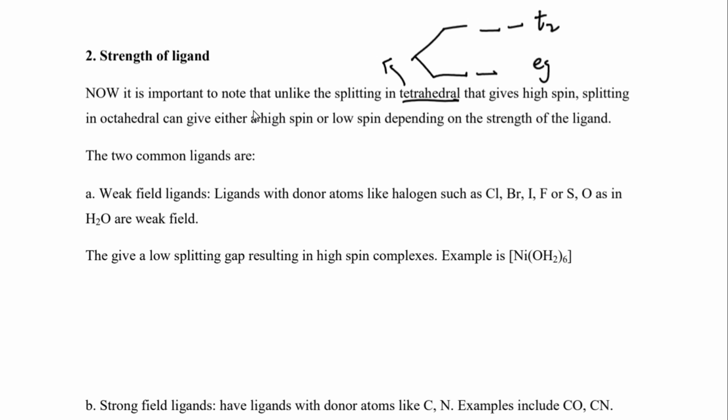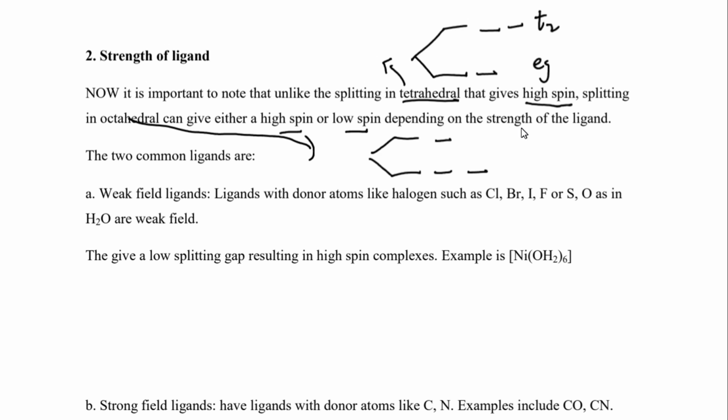But for octahedral we have 3 and we have this to be 2, right? So now it's important to note that unlike the splitting in tetrahedral that always gives high spin, the splitting in octahedral can give either high spin or low spin, depending on the strength of the ligand.